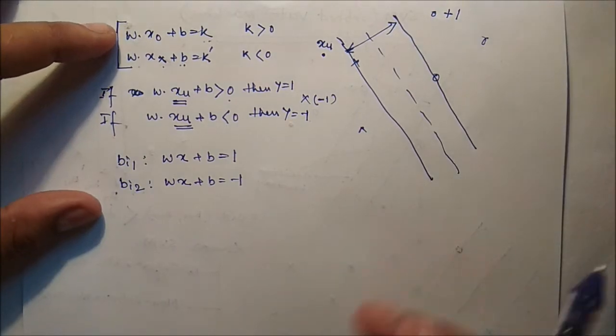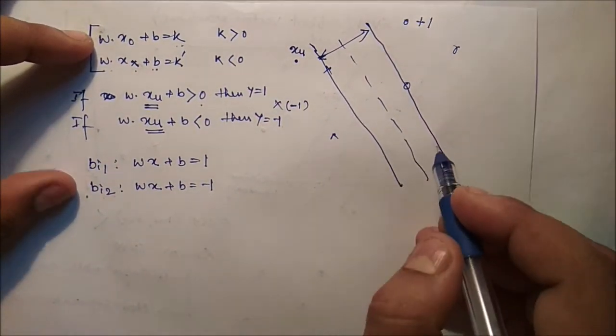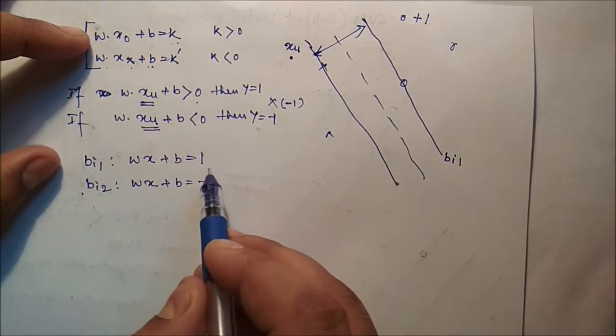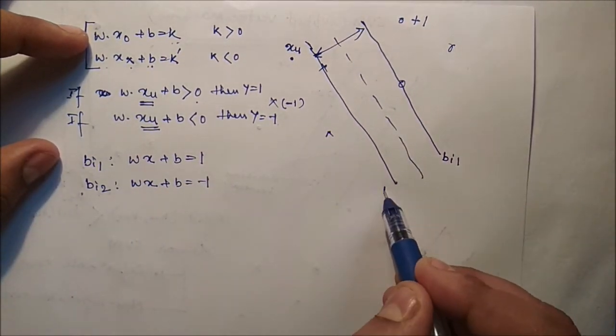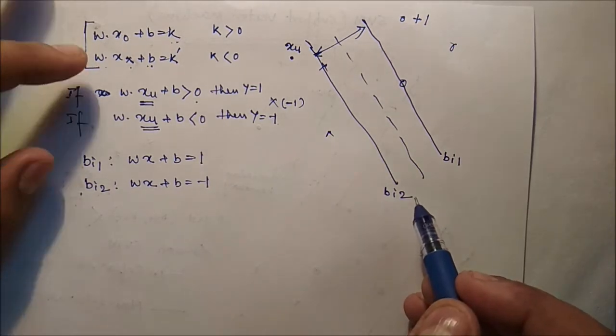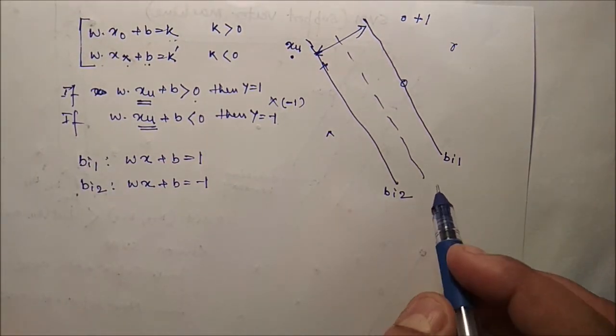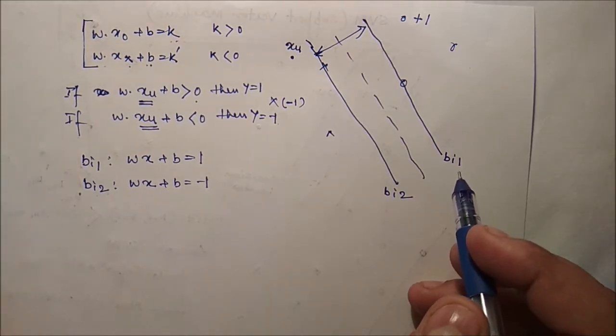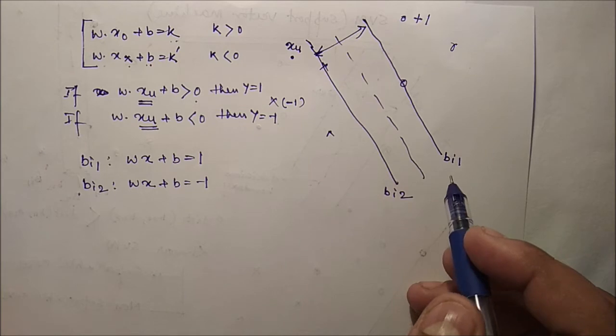So we have to rescale w and b so that bi1 is wx plus b equal to 1, and bi2 is wx plus b equal to -1. The distance between the two hyperplanes bi1 and bi2 is the margin of the decision boundary.